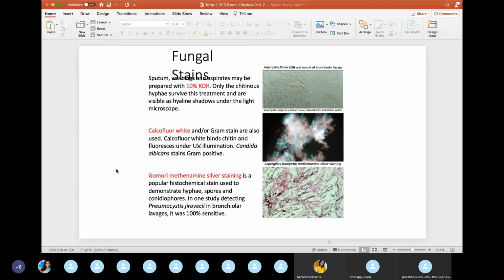You can see the capsule beautifully. Would it be a gram stain? Nope. India ink? India ink, excellent. India ink for your Cryptococcus, so that you can see the capsule well. Remember, it's an encapsulated organism.